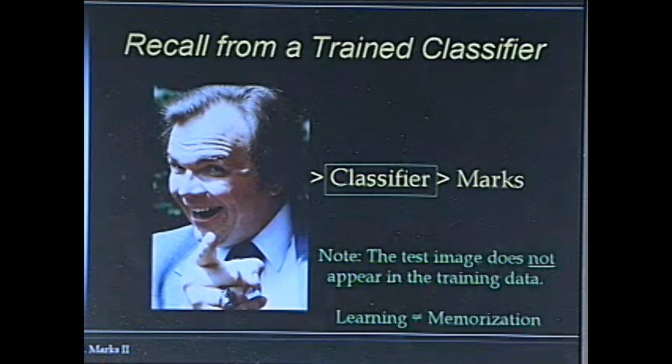So that's the important aspect here: it's able to recognize a Marks, but the test image does not appear in the training set. Again, learning is not the same thing as memorization. We want this classifier to learn the difference between a Marks and not Marks, as opposed to memorize. And the way we distinguish this is by the way it responds to data outside of the training set.